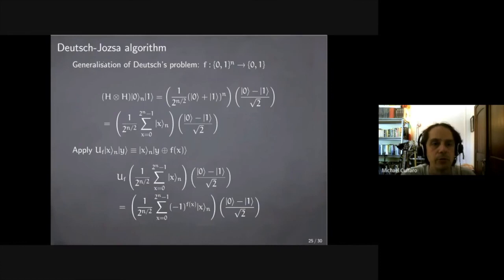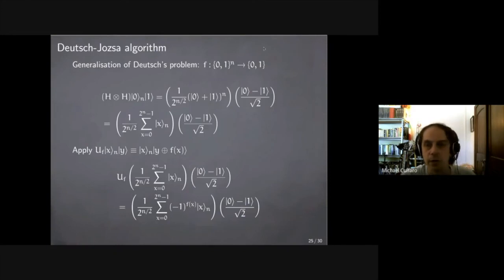So the Deutsch-Jozsa algorithm is another algorithm, and it's similar to the Bernstein-Vazirani and the original version of Deutsch's algorithm in the sense that they're deterministic algorithms. Deutsch-Jozsa generalizes Deutsch's problem.